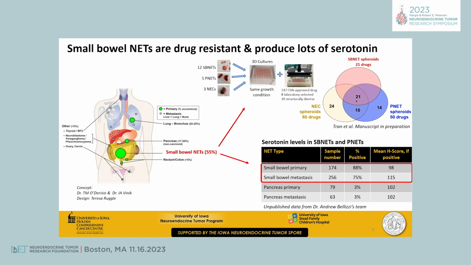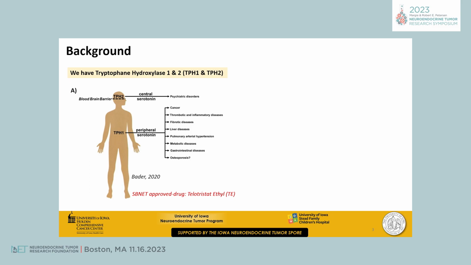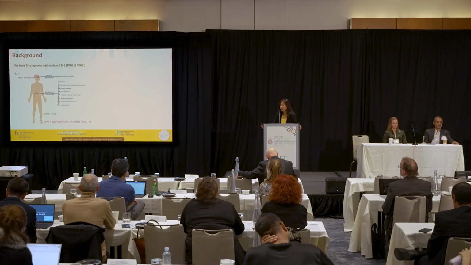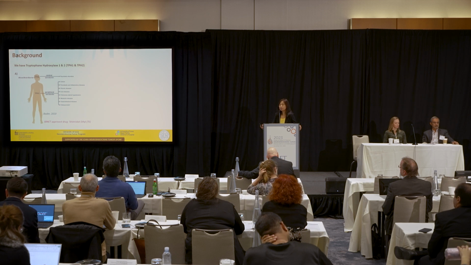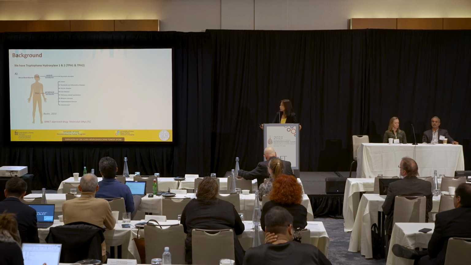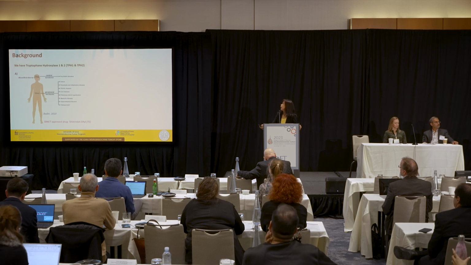And so we think that it's really important to study the serotonin metabolism in small bowel neuroendocrine tumor. Just for a recap, the serotonin produced in small bowel neuroendocrine tumors is produced by the TPH1 gene, so this is tryptophan hydroxylase 1.